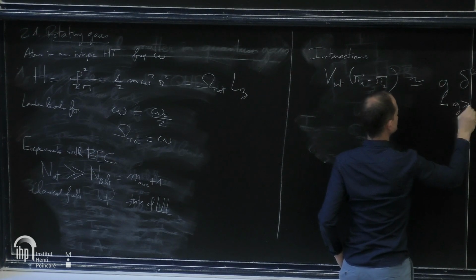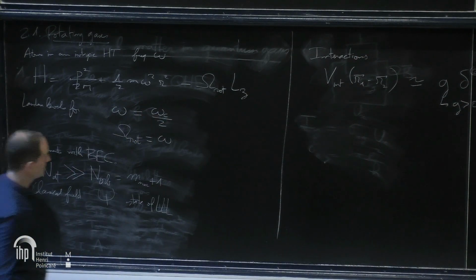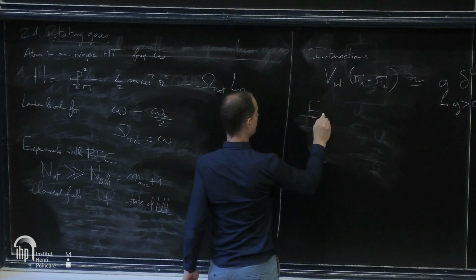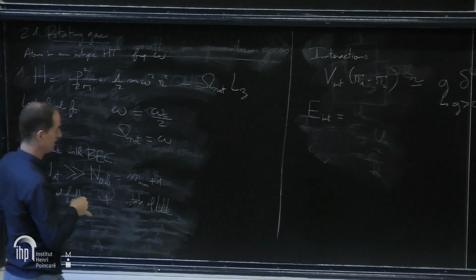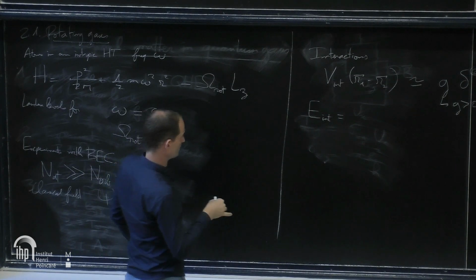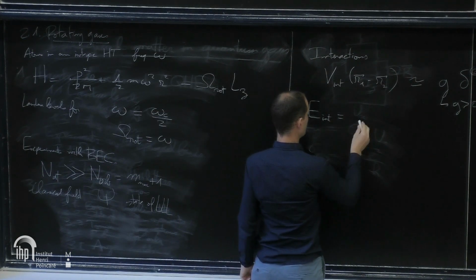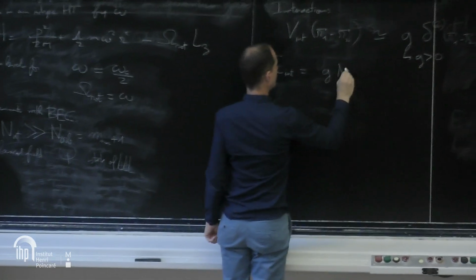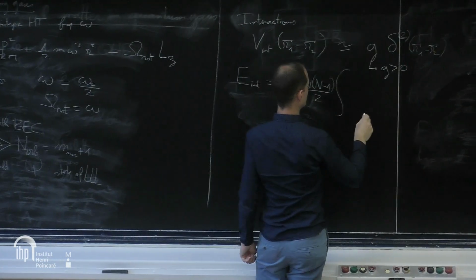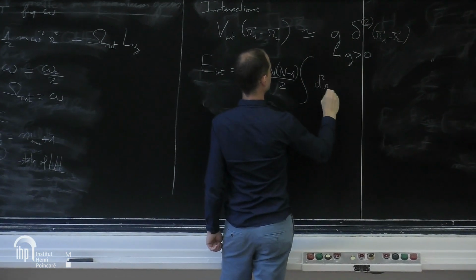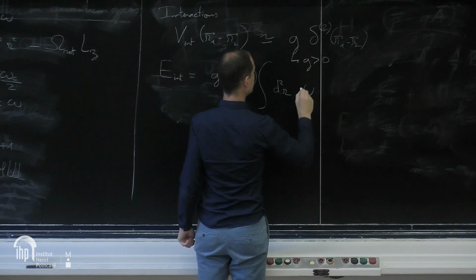And we take G positive, so repulsive interactions. So then the interaction energy, there is no kinetic energy somehow, because all the states are equivalent in energy at the single particle level. So we are left with interaction energy, which is simply G times N minus 1 over 2 times the integral over space of psi 4.